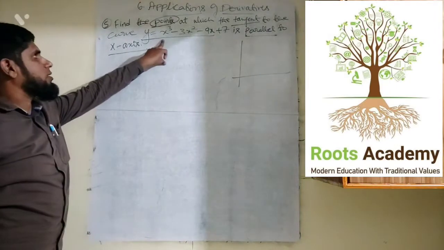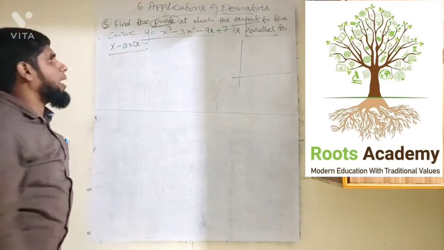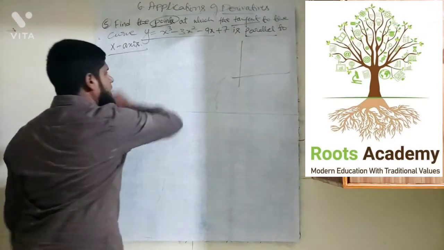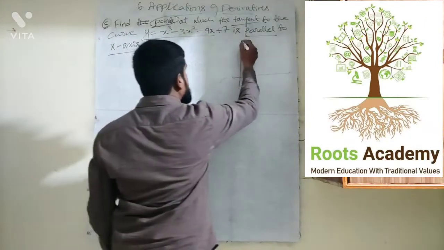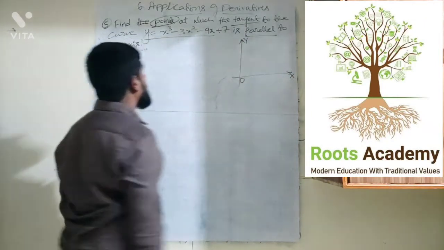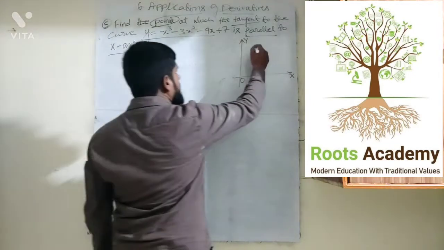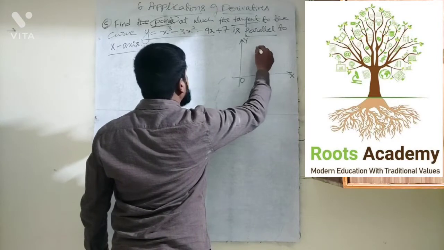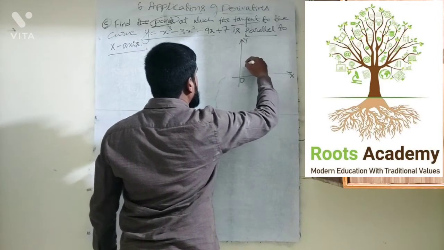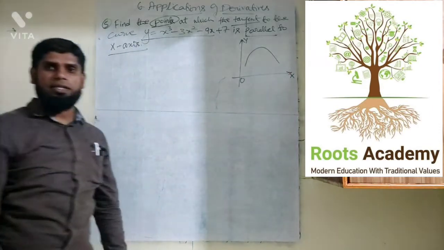We said that the tangent to this particular curve is parallel to x-axis. Means this is my y-axis and this is x and it is 0. Okay, let us consider its curve will be like this.